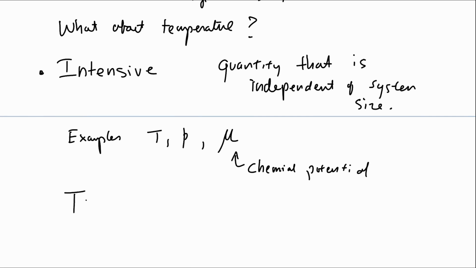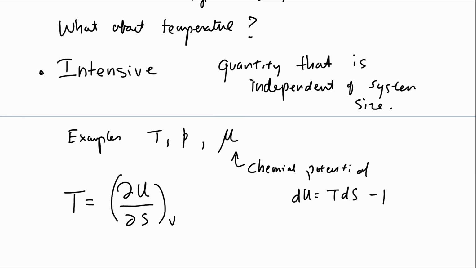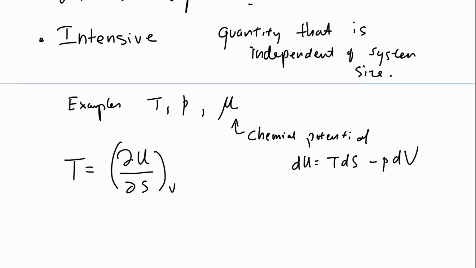And typically, T is the derivative of U with respect to S. So where did I get that? Because I know dU is T dS minus P dV, right? And so the temperature is that derivative of U with respect to S, and U and S are extensive.